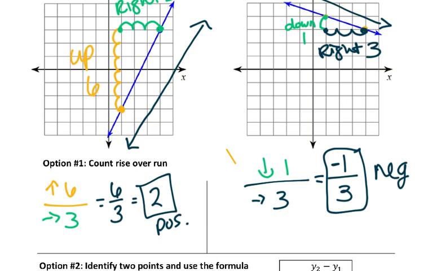Now let's just take a look on how I could do this with the formula. So this point right here is 1, 2, 3, 4, 1, 2. So this point is 4, 3. And then this point here is 1, negative 3. So let's go ahead and look at using those 2 points to find the slope with the formula.